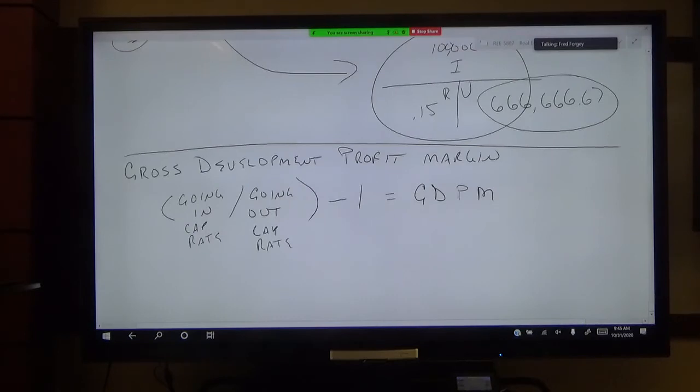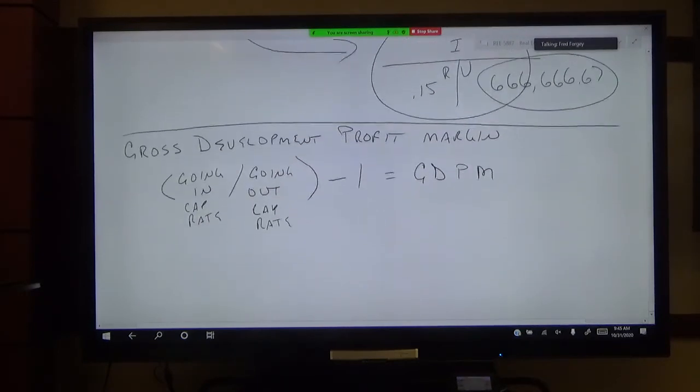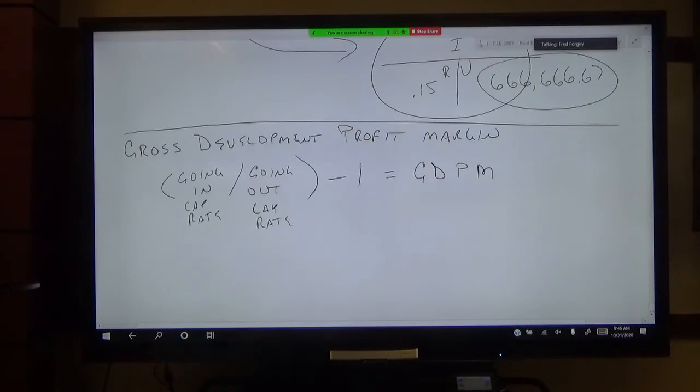Okay, so let's take the example that we just did. Our going-in cap rate was 12%. Our going-out cap rate initially was 9%.